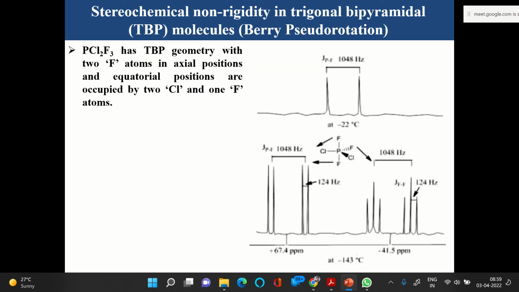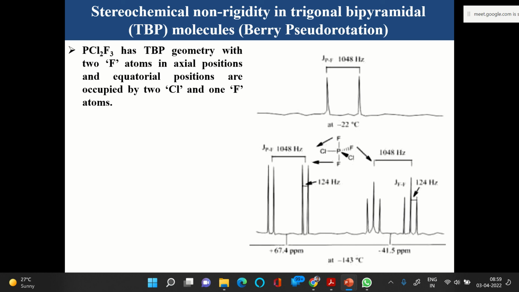To illustrate this concept, I'm taking the example of PCl2F3 here. Two Cl lie in the equatorial positions, the apicophilicity, you have already learned that in the first semester. So fluorine takes the apex position. There are two things pictured here.